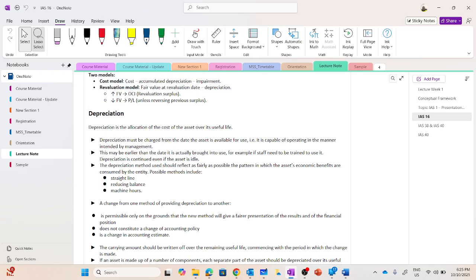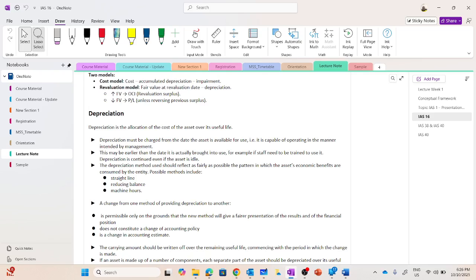If the asset is to improve production, then the operating capability should be determined based on management's discretion. This may be earlier than the date it is actually brought into use. For example, if staff need to be trained to use it, depreciation is continued even if the asset is idle. We need to note that down as well.